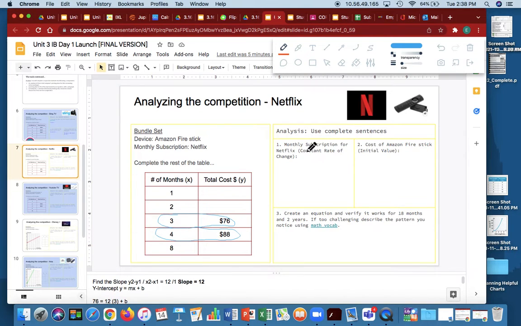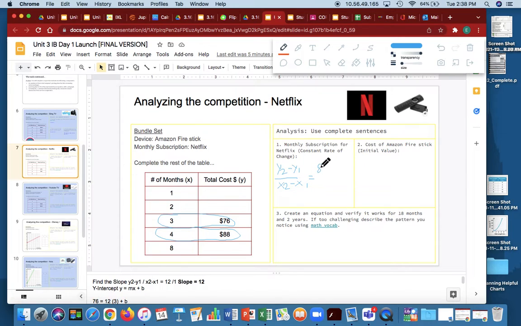So to determine my constant rate of change, I would put my y2 minus my y1 over my x2 minus x1. That's going to be 88, right? Because that's my y2.